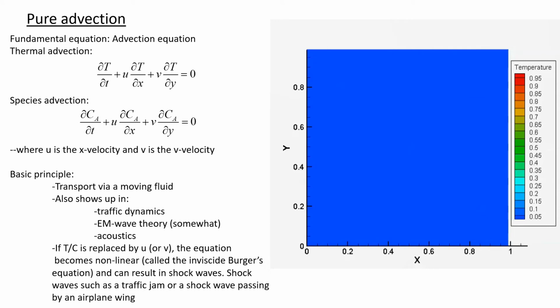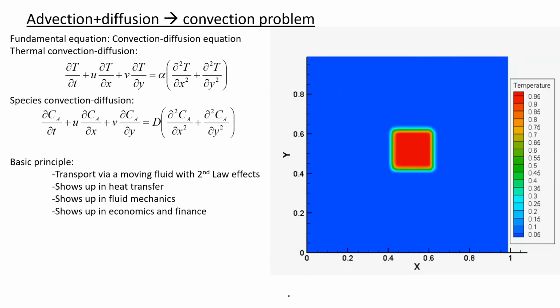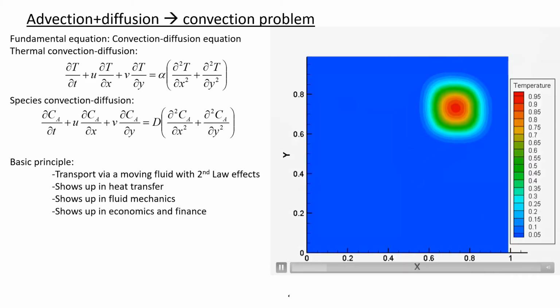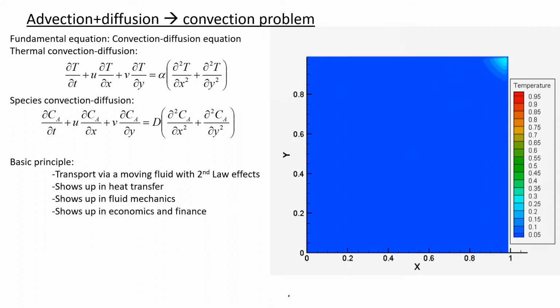If we leave both of those terms in place, we say, fine, temperature is allowed to diffuse and it's allowed to advect, then we have the general advection-diffusion equation, which is also known as the convection problem, a combination of conduction and advection. It's going to look like a combination of the two behaviors. The temperatures are going to be advected as well as spreading out.